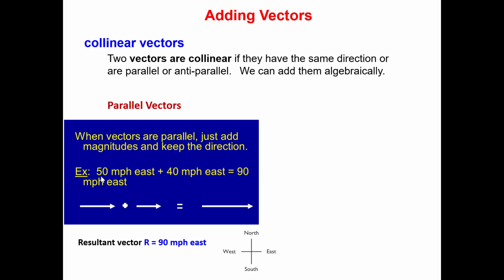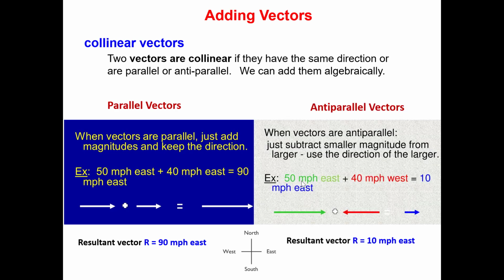For example, here we have two velocities, 50 miles per hour east plus 40 miles per hour east. We can add them like numbers: 50 plus 40 is 90 miles per hour east. We add them together and keep the same direction.